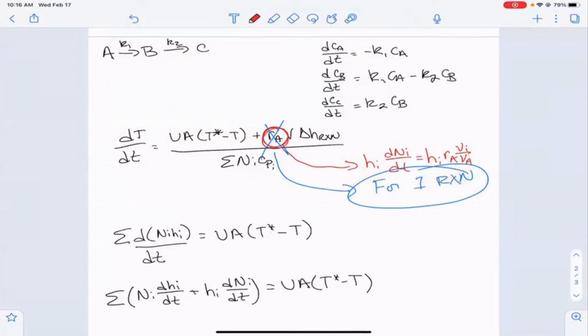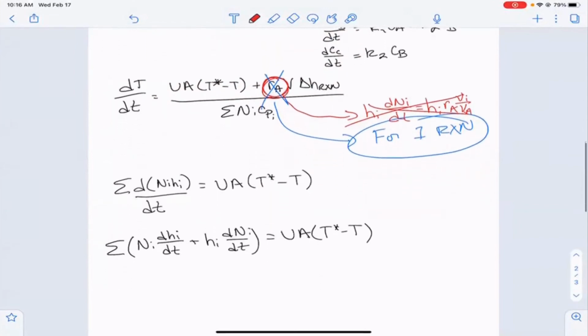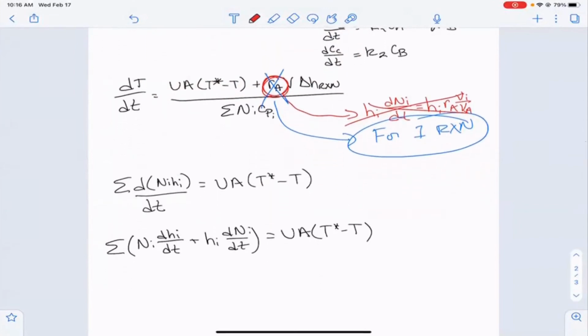Well, in this case, we're not going to do this, because we have more than one reaction. So the question then is, what are we going to do here? How are we going to actually implement Hi times dNi/dt?